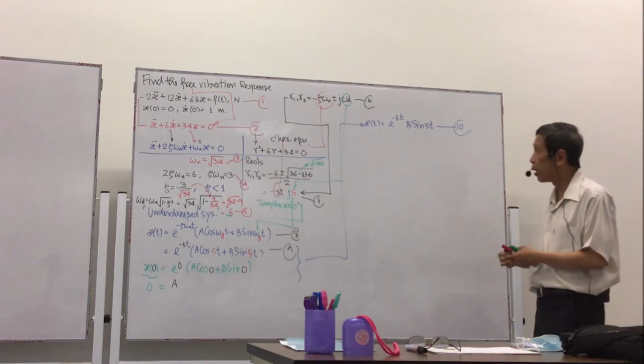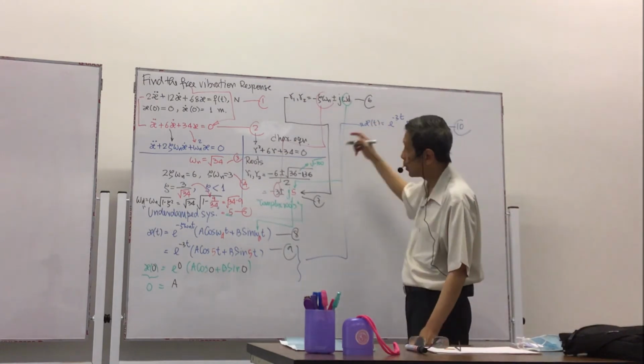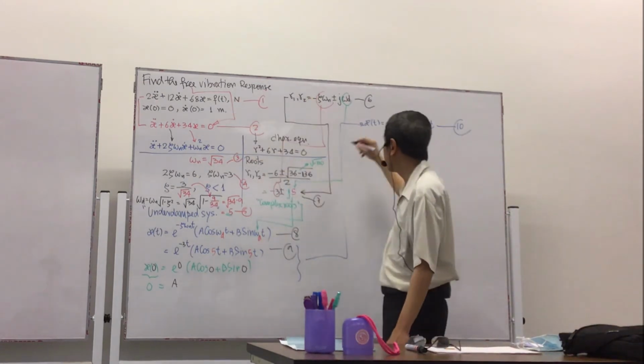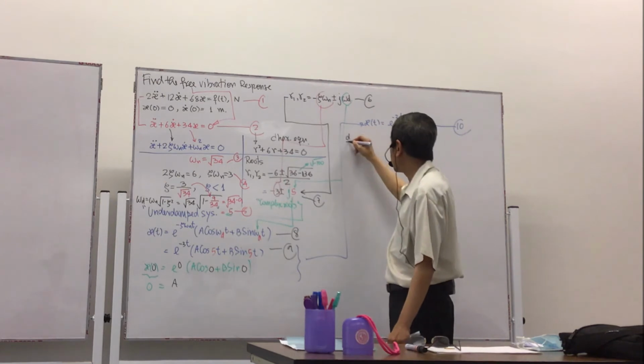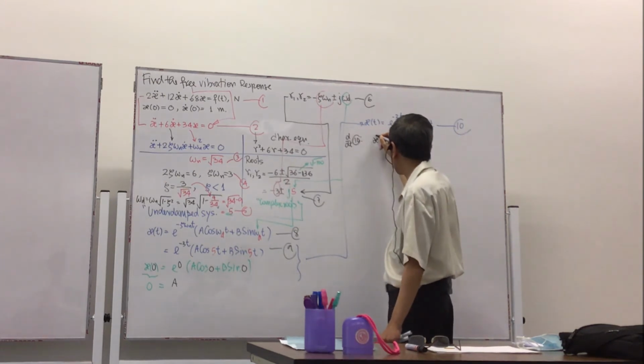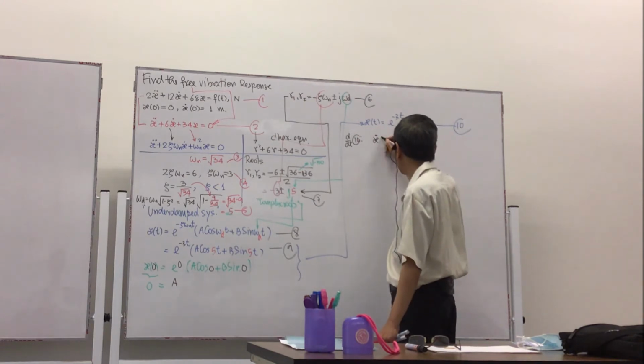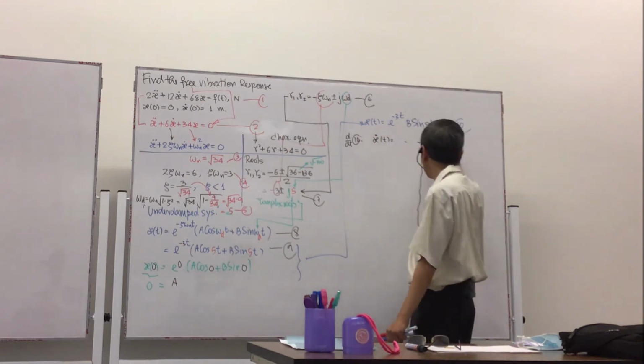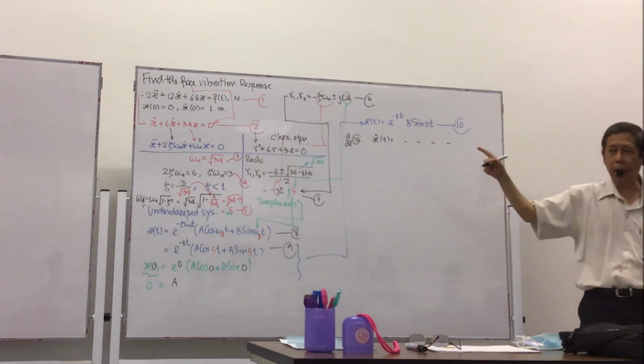From this point on, we know the initial velocity, so we can take the derivative of equation 10. That's going to be f dot of t equal to something. I leave the differentiation for you to do.